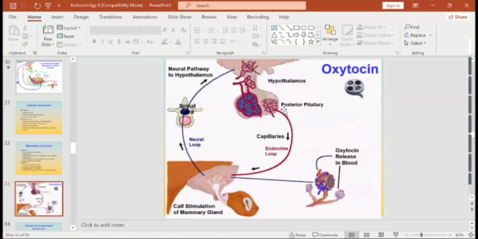And from the posterior pituitary gland, it will be released into the circulation. In the circulation, it will bind to its receptors, which are located in the mammary gland, and the contraction of myoepithelial cells will cause the release of the milk.